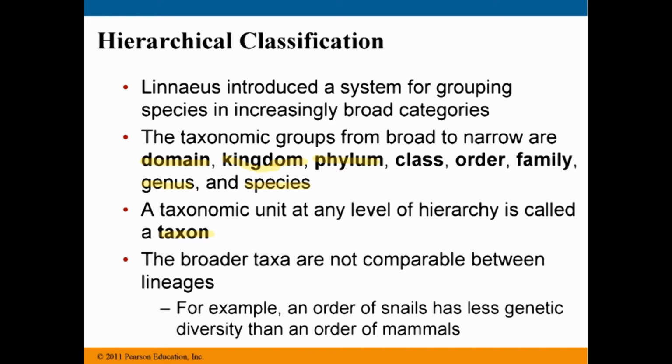For example, an order of snails has less genetic diversity than an order of mammals. You have to think of an order as being a subset of a class, so you're looking within the lineage itself, not necessarily between lineages as the taxa being exactly the same.